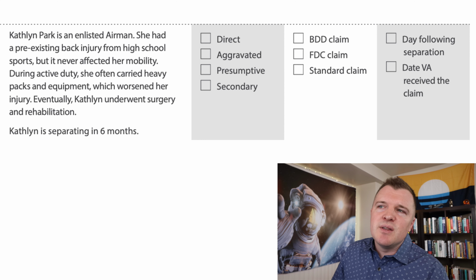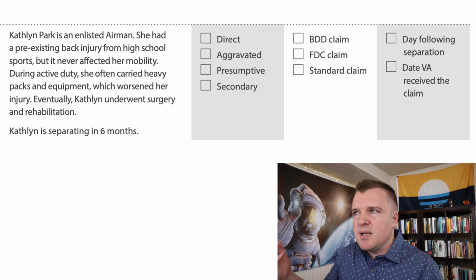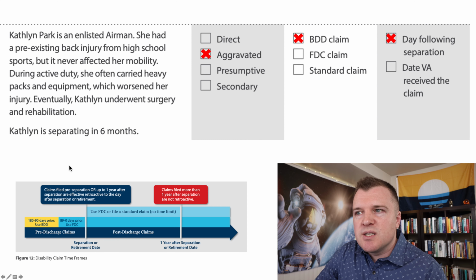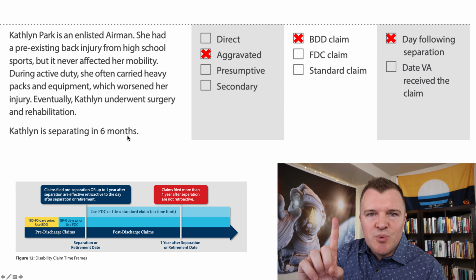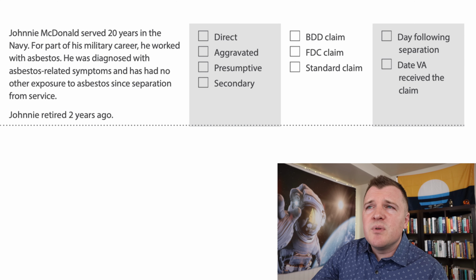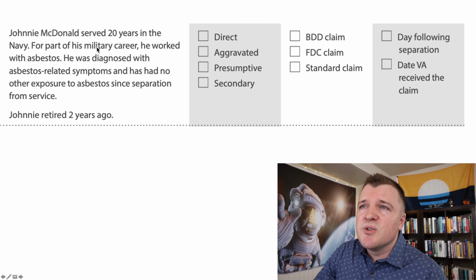But because she had this prior injury from high school sports, her job in the military aggravated her back condition. And because she's separating in 6 months, she's being super good about this, starting the process early. She's going to do the BDD claim process, and she's going to get her benefits starting on the day of separation.